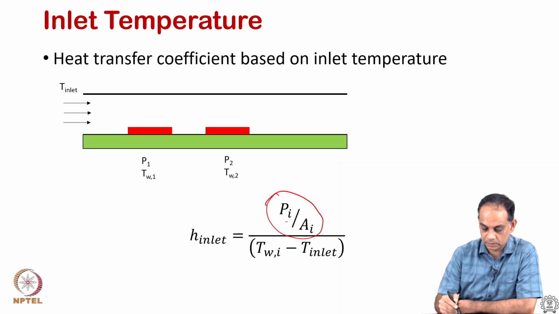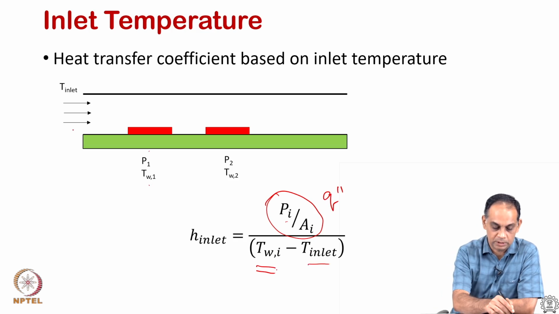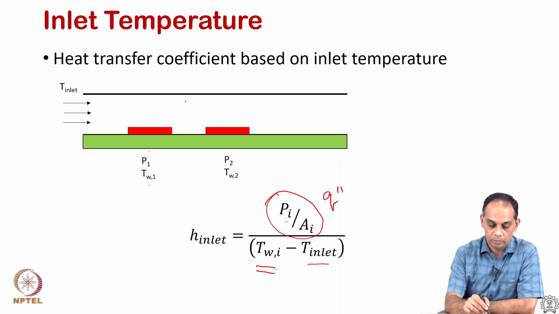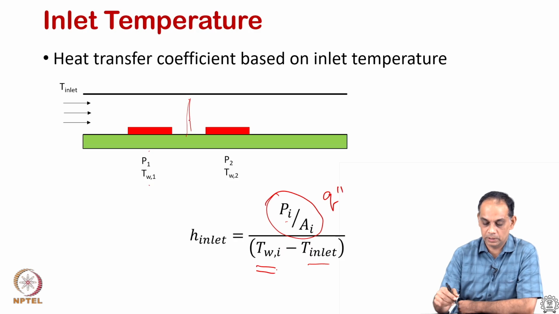This is my flux, and wall temperature of that particular heat source, let us say Tw,1 for heat source 1, and T inlet. This is a common reference, so it becomes easy to use because that is a known temperature, because we will not know what the temperature is over here or we have to do something else, and we will discuss. So, this is one definition of inlet based heat transfer coefficient.